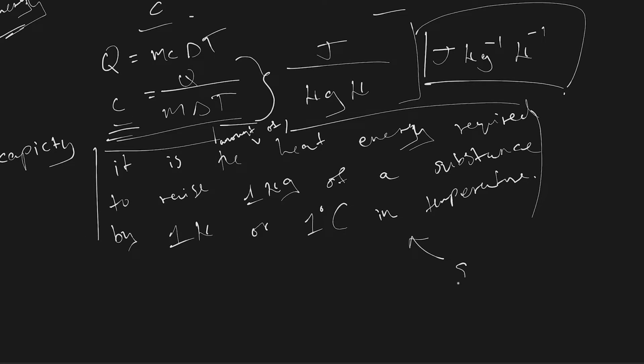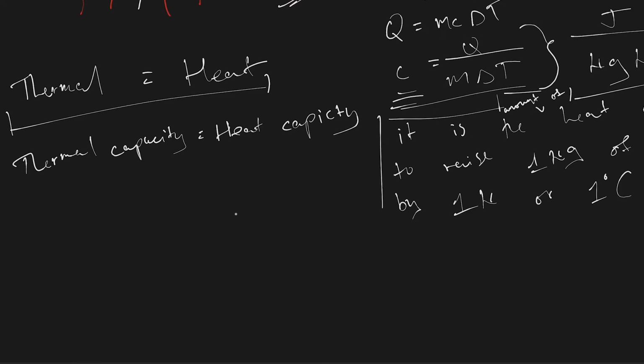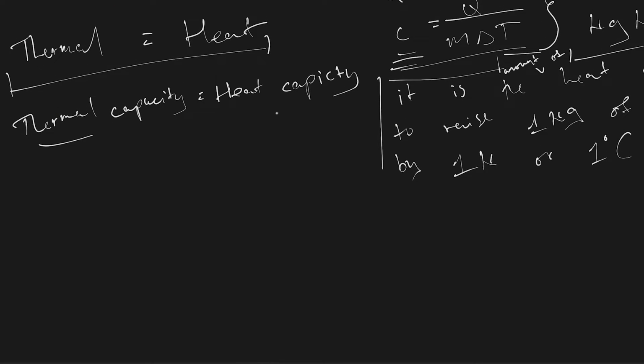This is all specific heat capacity. So don't confuse heat capacity and specific heat capacity. They're two completely different things. But thermal capacity and heat capacity are the same things. What thermal capacity is, basically, is MC in this case. We have Q equals MC delta T, and that's what thermal capacity is. Instead of just having the C, thermal capacity is MC.